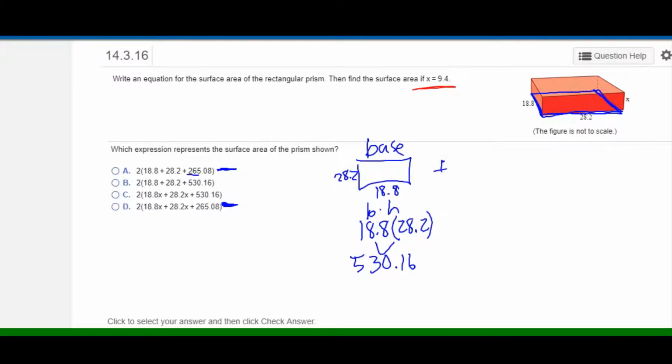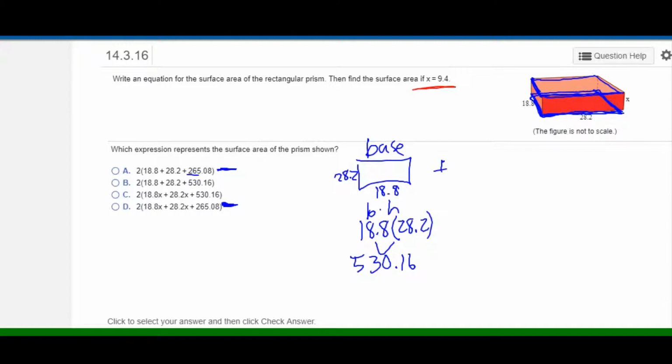The area of the bottom base is 530. The area of the top base is also 530 because they have the same length and width. If I outline it, I'm going across 18 and 8/10, and then across 28 and 2/10, because it's parallel to this one.